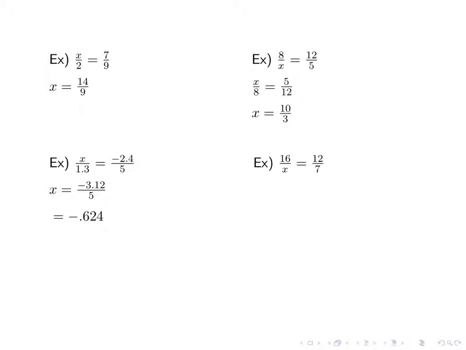For another one, we have 16/x equals 12/7. This time I'm going to cross multiply. So I'm going to multiply the x by the 12 and the 16 by the 7. Simplify it, and then divide by 12 and simplify further. I divided by 12, and then I could factor out a 2 on each side. So I get 56/6.